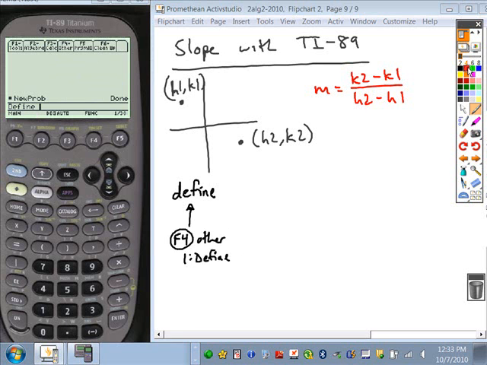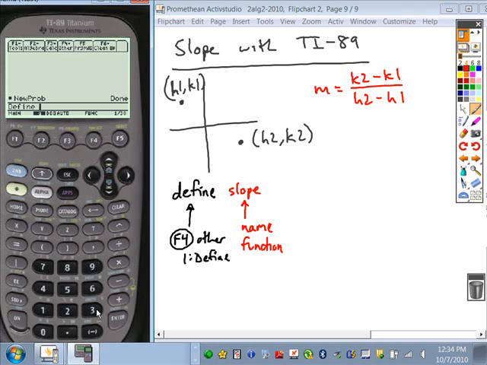Okay, step 2, we now need to give a name to our function. I'm going to call this function slope. Do you guys know how to alpha lock the keys on your calculator? If you hit this alpha key, this white button, twice, it highlights the little A in the bottom of your display, and then you can just type in your letters, using the keys that have the letters that correspond.